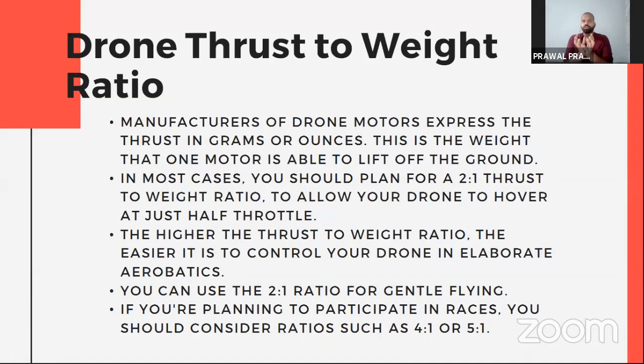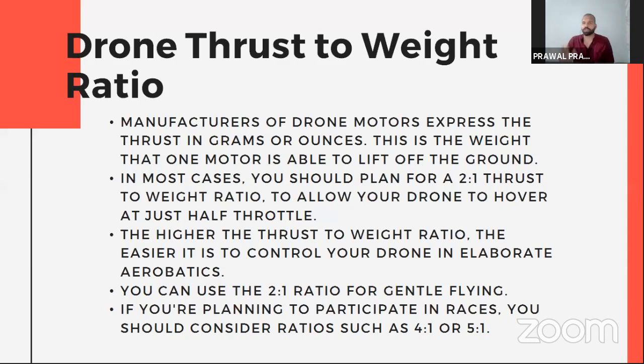To make a quadcopter, the motor should be so strong that when it is moving, it produces enough power to lift twice the weight of the motor itself. So if the motor weighs 5 kg, it should produce a thrust of 10 kg. So a 2 to 1 ratio should be there.